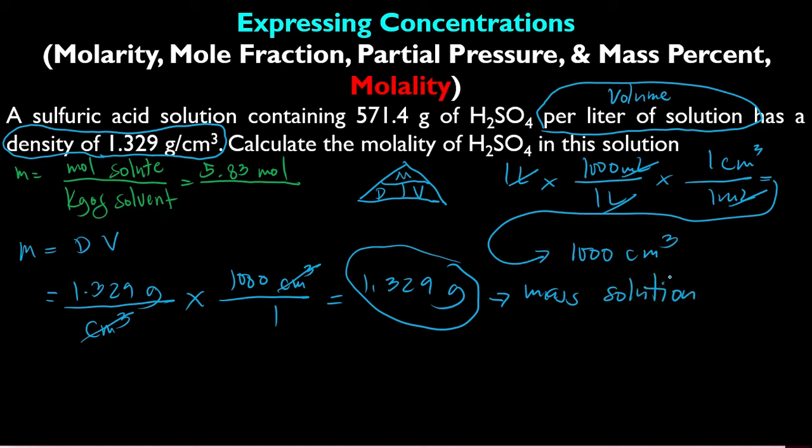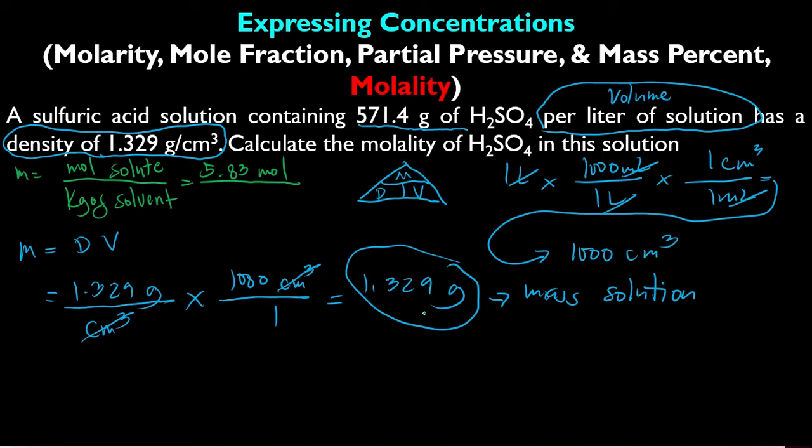What we need is the mass of the solvent in kilograms. We now have the mass of the solution and the mass of our solute, which is 571.4 grams.